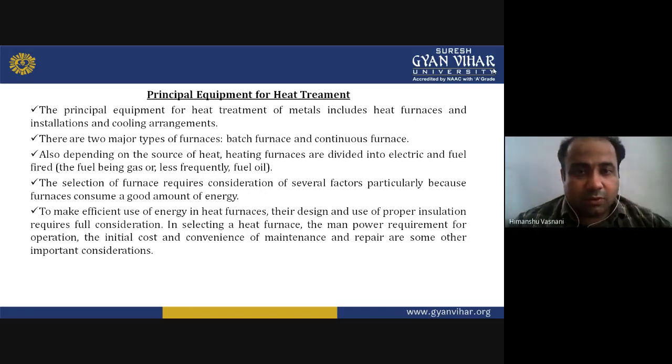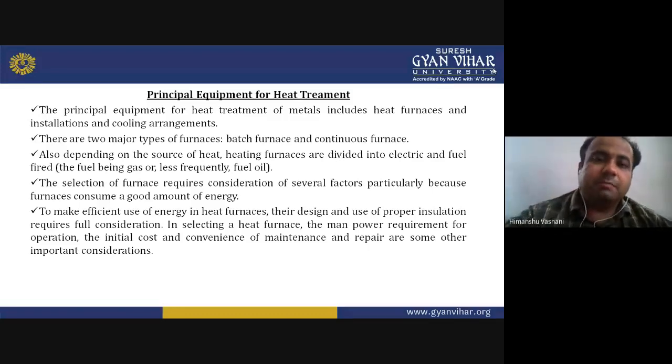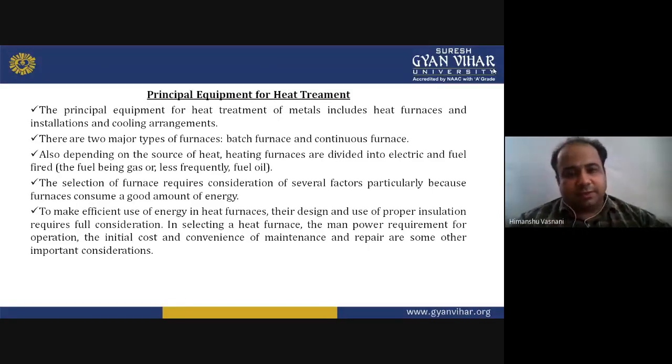The principal equipment for heat treatment of metals includes heating furnaces and installations and cooling arrangements. These are required. There are two major kinds of furnaces, called a batch furnace and a continuous furnace.